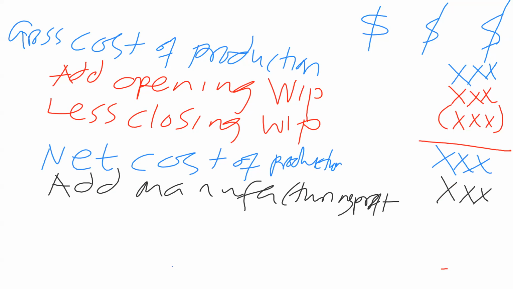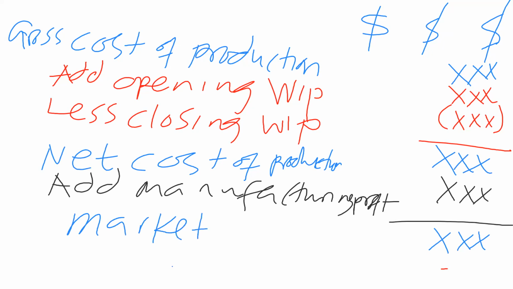Once you add the manufacturing profit to this figure, to the net cost of production, what you are going to have is what is known as the market value. This is when the company, the factory has decided to make a transfer on a manufacturing profit.